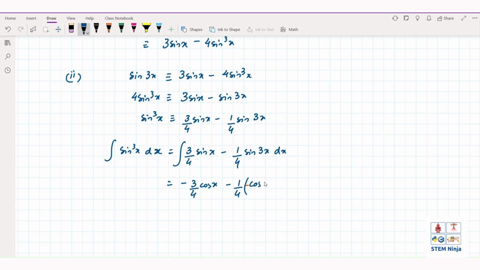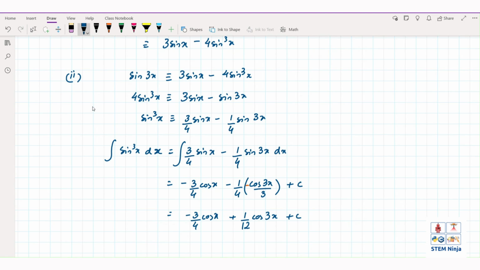Minus cos 3x divided by 3 plus c. Now we simplify. Minus 3/4 cos x plus 1/12 cos of 3x plus c. So you could expand it this way also, or you could integrate it this way also.